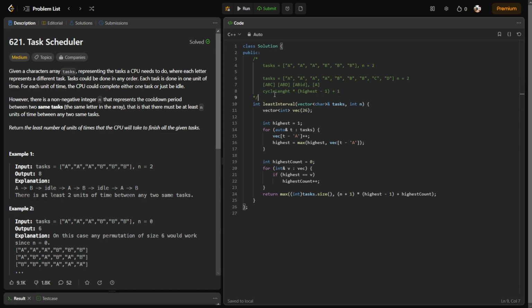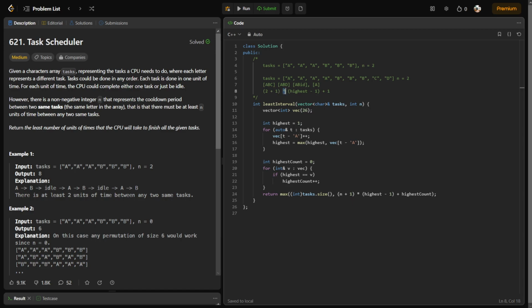So the cycle length is basically n, but we need to plus 1 as well, because n in this case is 2, and 2 is the skip time, which is B and C in this case. But we need to plus 1 because we are also executing A itself. So that's where the plus 1 comes from.